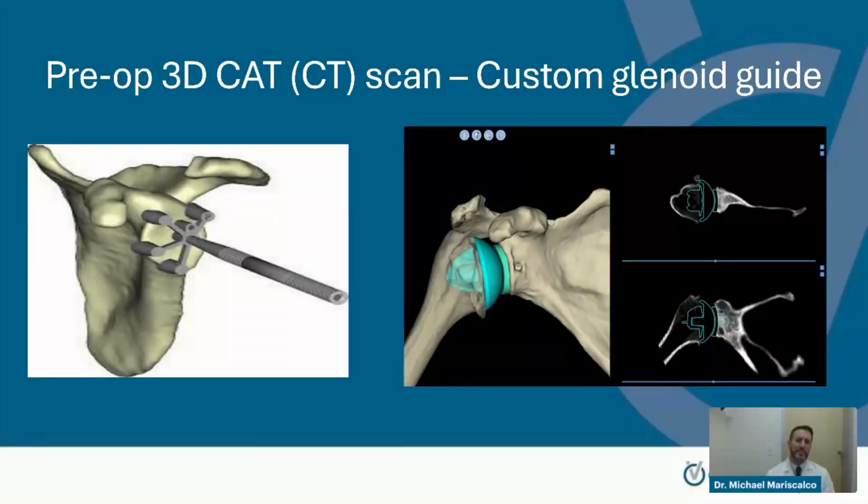And what that allows the surgeon to do is to preoperatively plan cases, especially those with substantial deformity. The picture on the right shows some preoperative planning software in that you can superimpose the position of the implant into the patient's own CT scan.